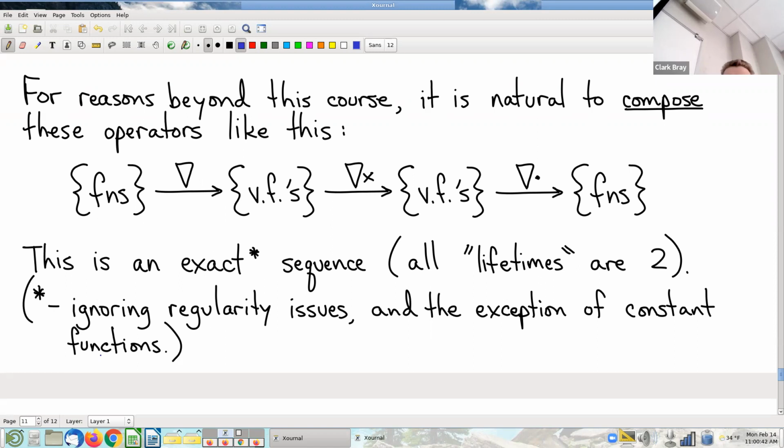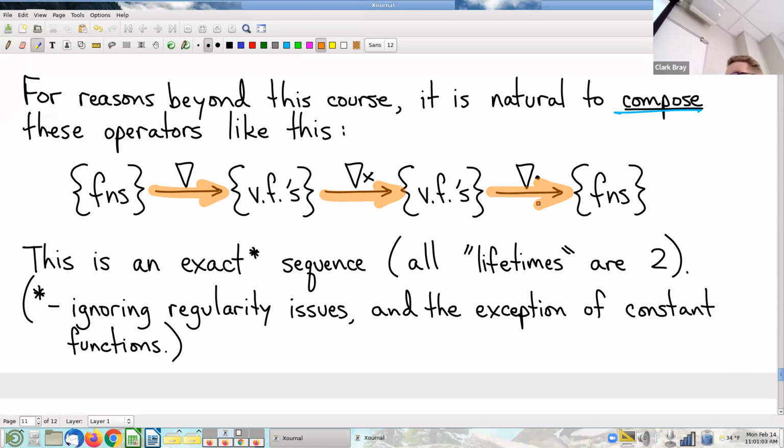And it turns out that some amazing things happen when you compose these various operators as follows here. So if you do the gradient operator there, and then the curl operator there, and then the divergence operator there.